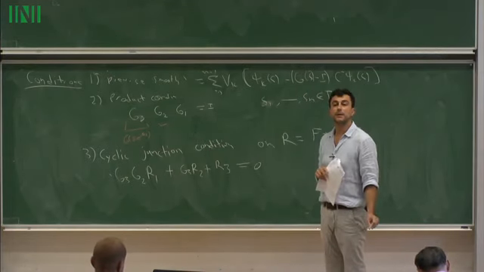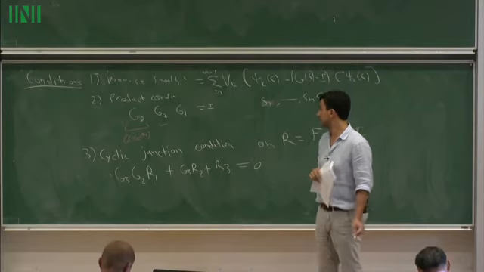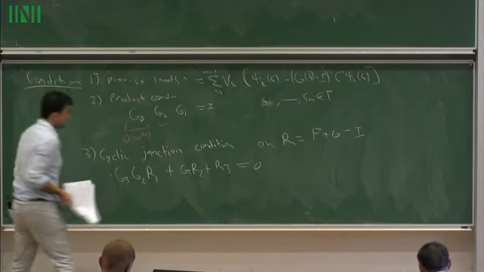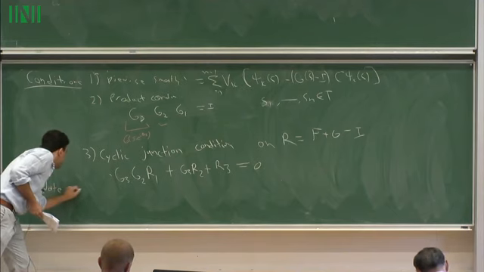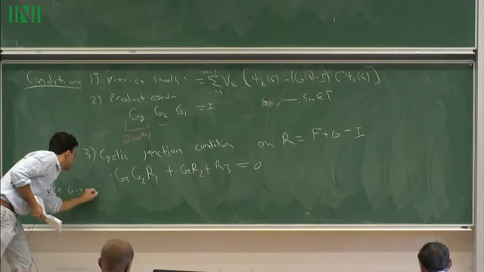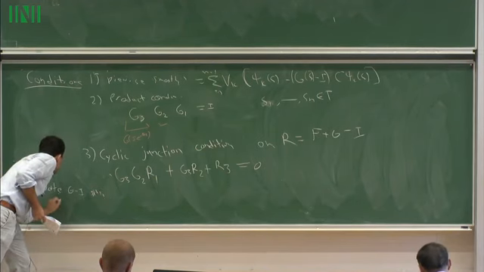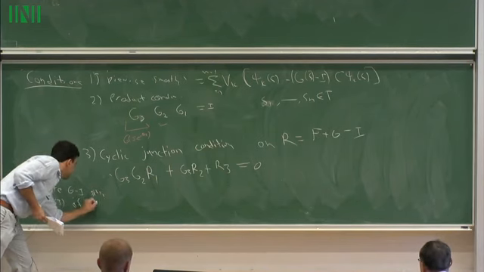So if we don't have an F, note G minus I satisfies 3 if 2 is satisfied.